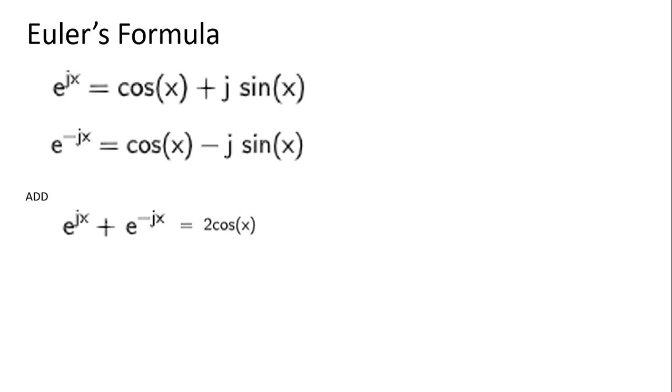So then I can write cosine of x equals e to the plus jx plus e to the minus jx, over 2. So that's the expression for cosine in terms of complex exponentials.